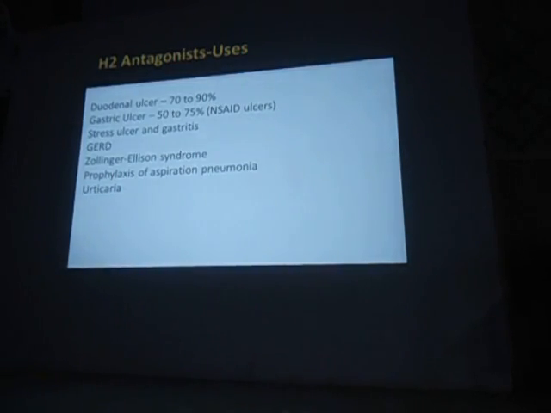We can use these in most conditions: duodenal ulcers, gastric ulcers, Zollinger-Ellison syndrome, and prophylaxis of aspiration pneumonia. And H2 blockers, though they are called H2, can also help in other allergic reactions primarily involving H1, that is urticaria.